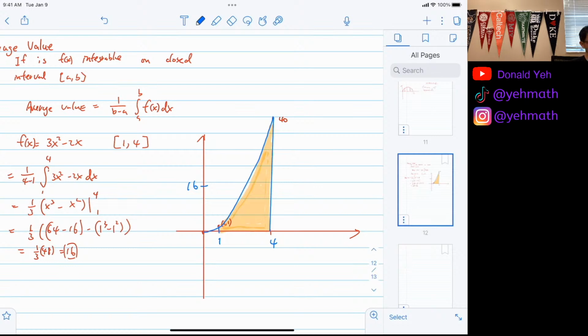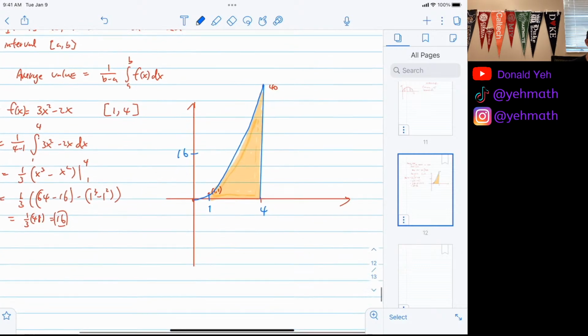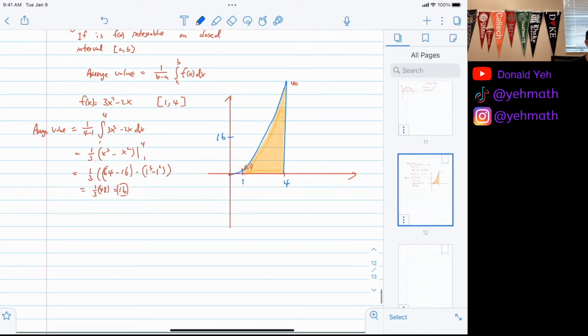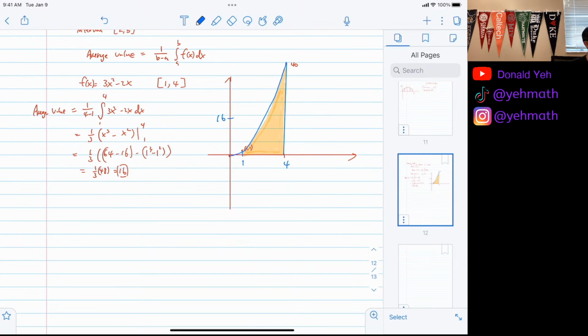I don't know if that's exactly what he meant, but remember I taught you this before. Do you remember I said 48 divided by 3? What does 48 represent? The area, right? So this is the area, but the area of what shape?